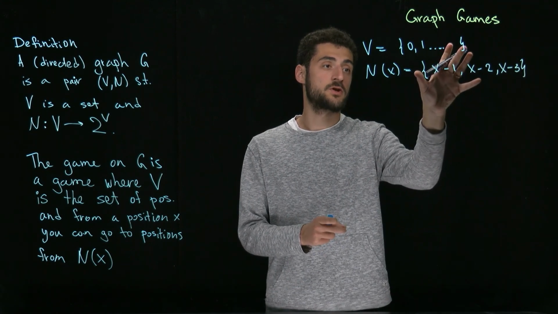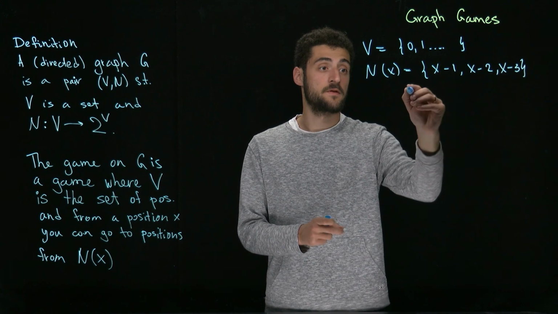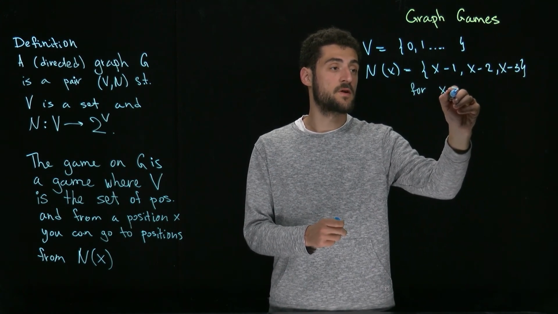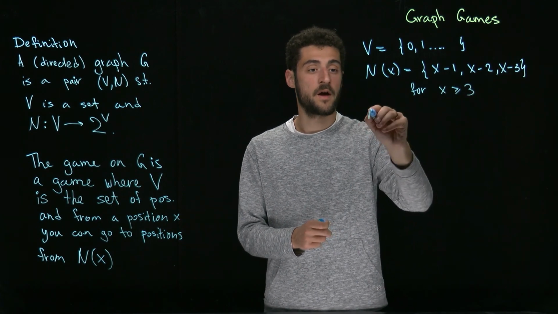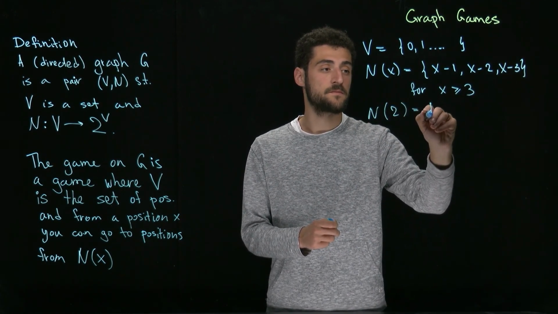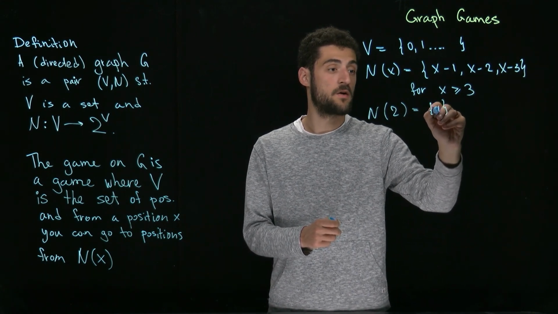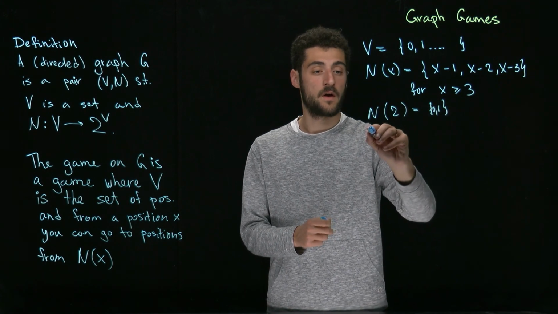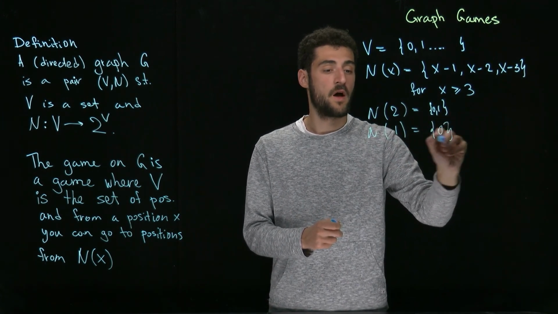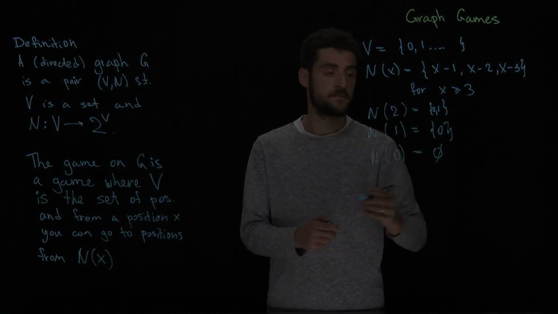But we need to make sure that none of these numbers are negative. So this is the rule for x greater or equal than 3. N of 2 is 1 and 0. N of 1 is just 0, and n of 0 is an empty set.